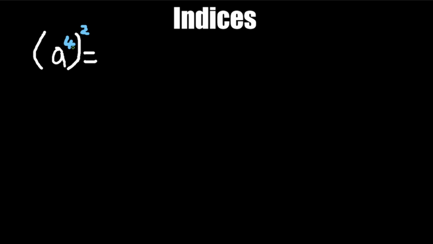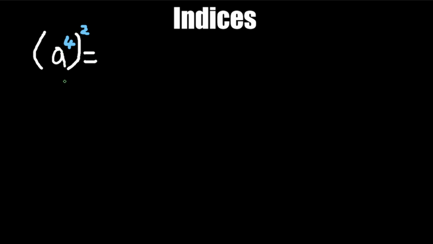So let's say that we have a to the fourth raised to the second power. What do we do here? A lot of people would just assume that we can't raise something that has an index to another index. That makes no sense. But really it does. It's just as simple as just multiplying. So this is going to be a to the 4 times 2.